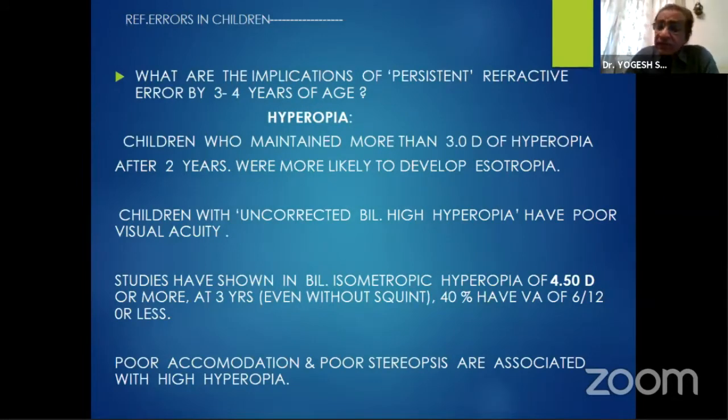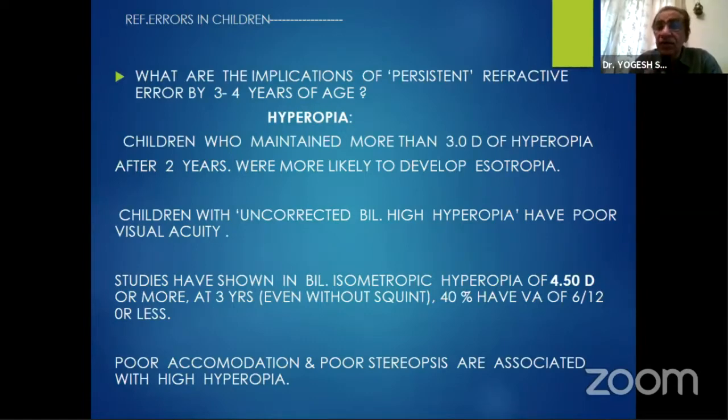Now, studies have shown that in bilateral isometropic hyperopia, isometropic meaning both eyes having the same amount of hyperopia, of 4.5 diopters or more, these are all statistics. These have all been studied by the PEDIG studies over the last 2 decades.